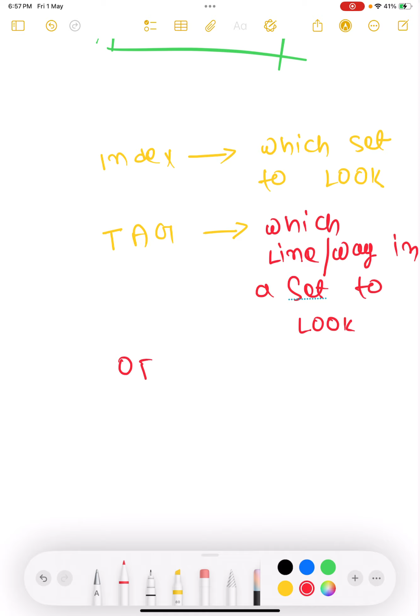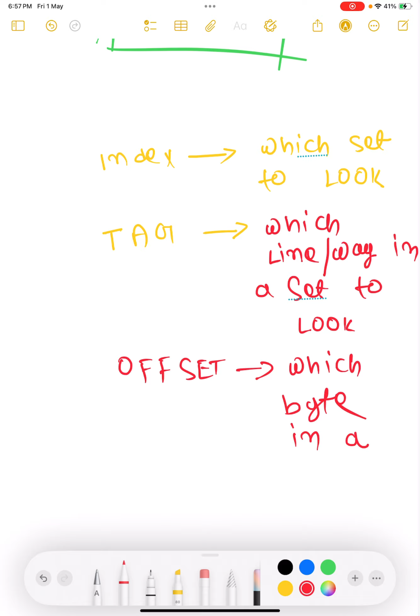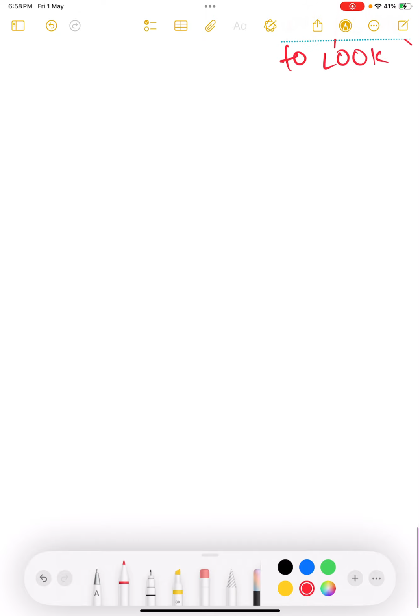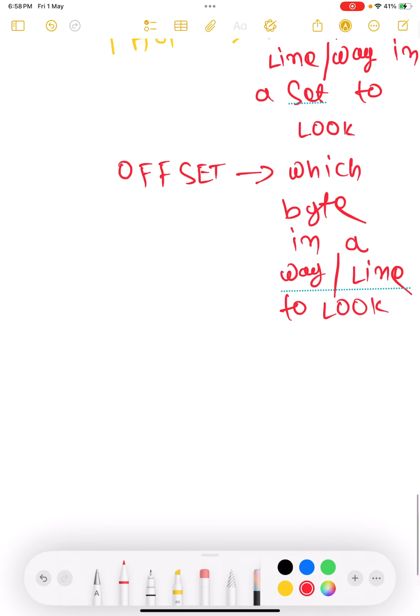And the offset tells which byte in a way or line to look at. You understood, right? So we always divide in terms of three things in set associativity mapping. Yeah, clear till now?